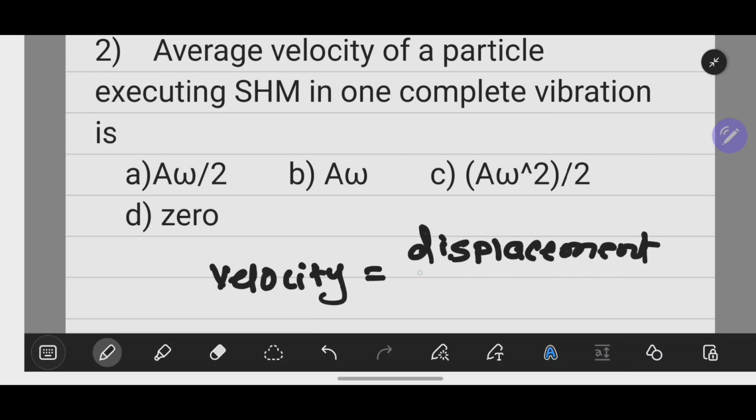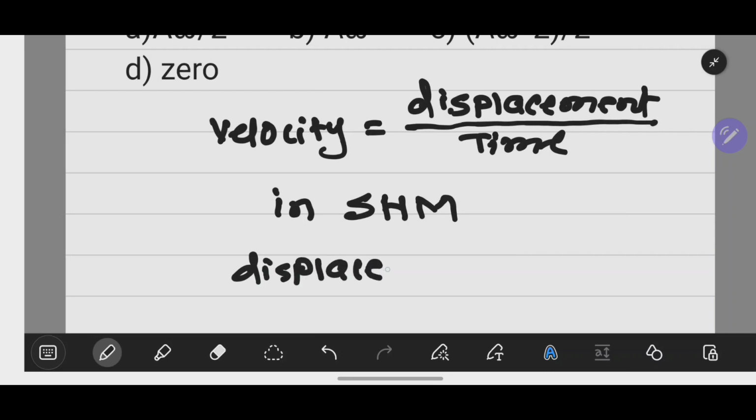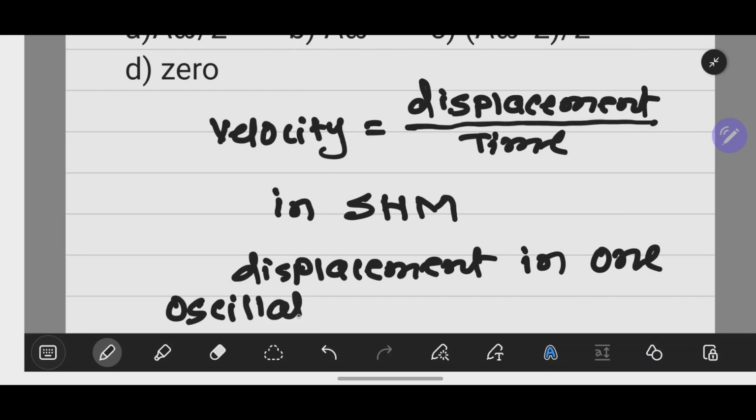But in SHM we know displacement in one oscillation is equal to 0.